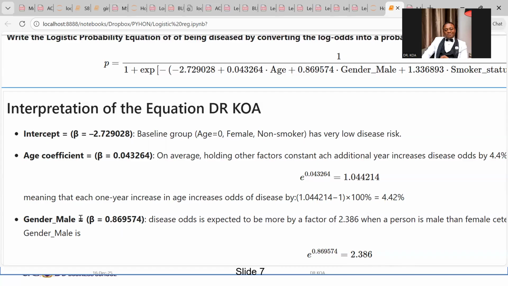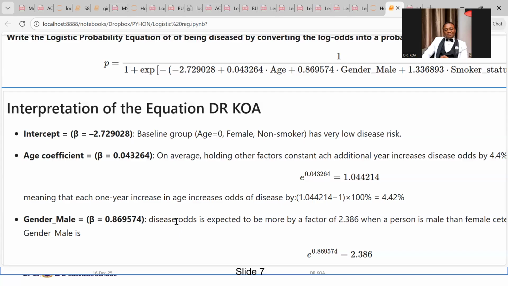Remember that gender male is a binary variable. So what you would say is that the odds of the disease are expected to be more, not to increase per se, because we are talking about gender, a static variable, not a dynamic variable like age.